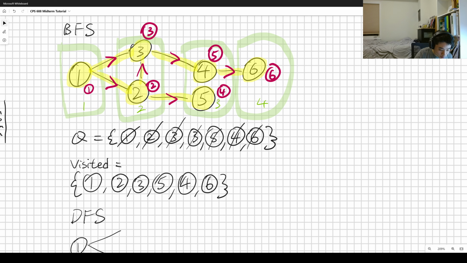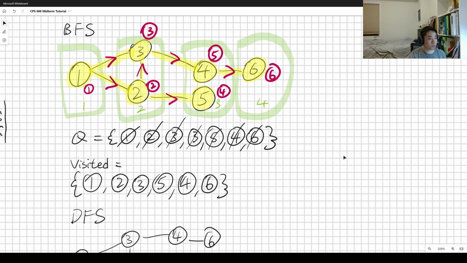I'm going to draw the same graph from the BFS, and this time we're gonna dig through it with DFS, which is depth first search.